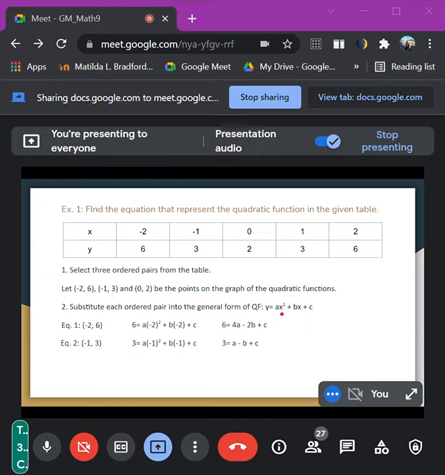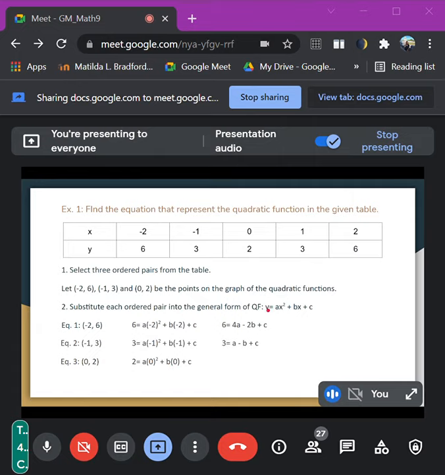Okay? So now, since we have equation number 2, we go to ordered pair number 3 to get equation 3. So we go to 0, 2. And then we substitute again into the general form. You have 2 equals a quantity 0 squared plus b quantity 0 plus c.